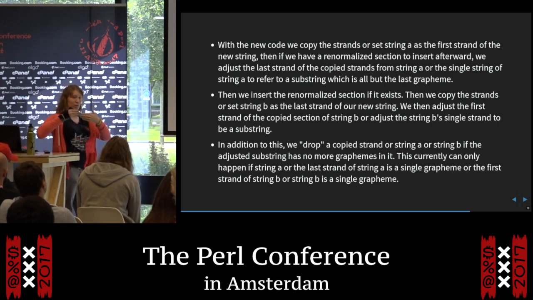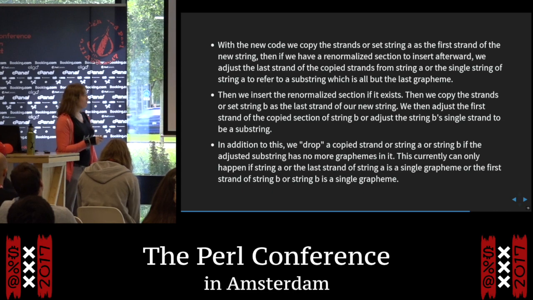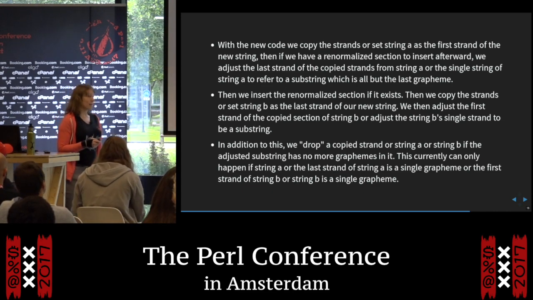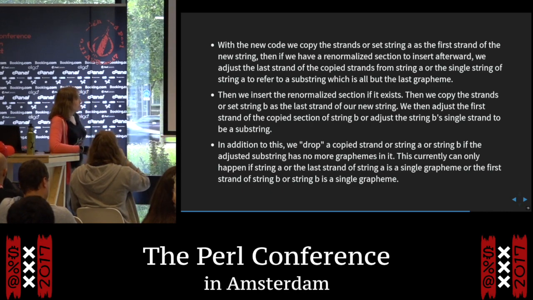So only the part which has to be changed in the middle, we grab that out of it, normalize that, and essentially we use the same method we used to create a substring, and we adjust the reference to string A and to string B to be 1 code point different. So then we end up with a rope that is 3 strings instead of 2. And then we avoid having to renormalize all of string A and B.